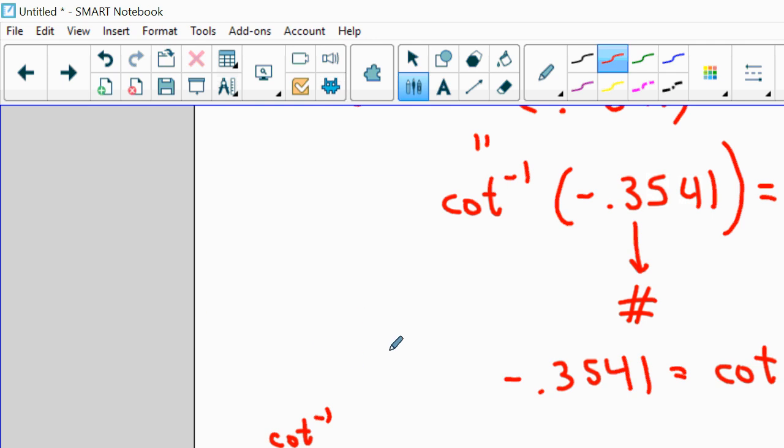But if you flip it, reciprocate it, tangent inverse lies in the first and the fourth. Therefore, be careful.